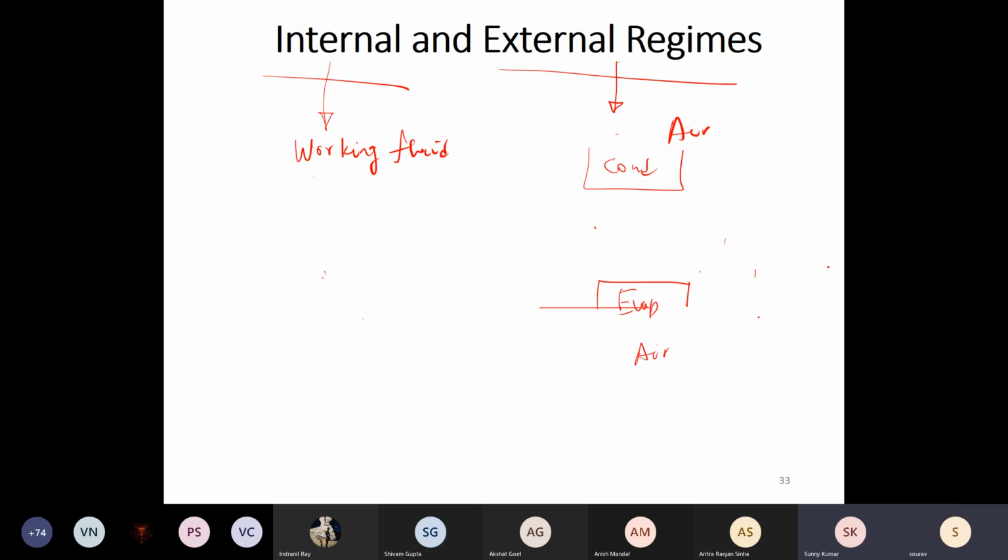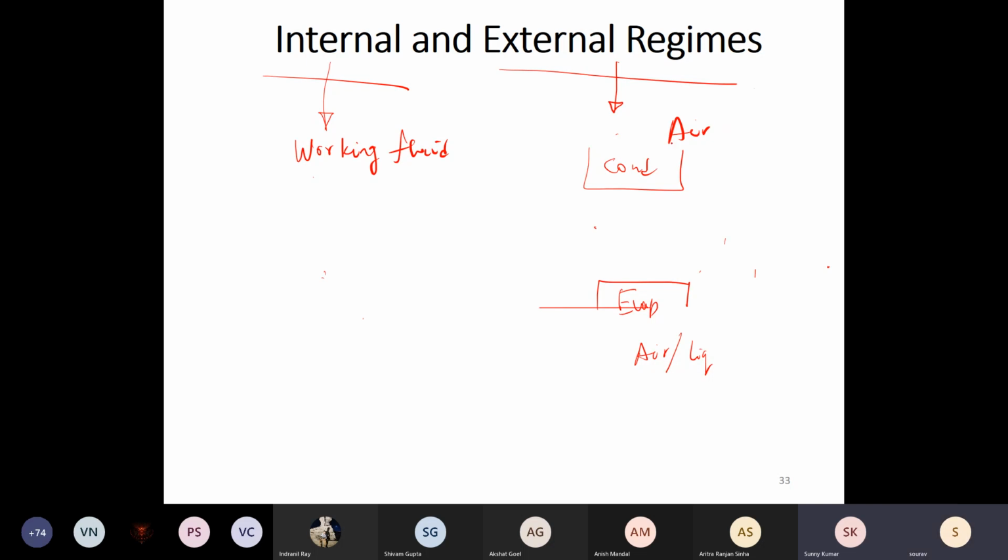But in case you are using it in a process industry where you have certain food products to be chilled, let's say milk, or if you are using it for breweries, then instead of air you can have some liquid as the external regime.